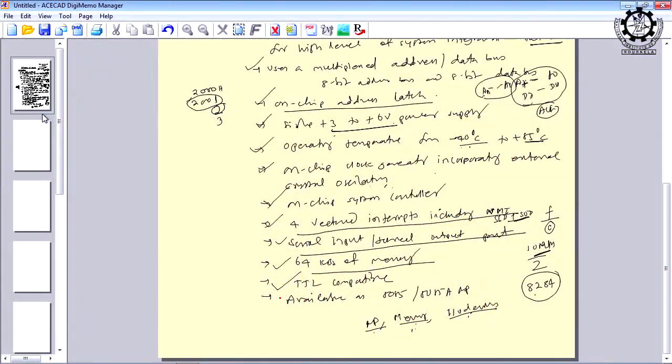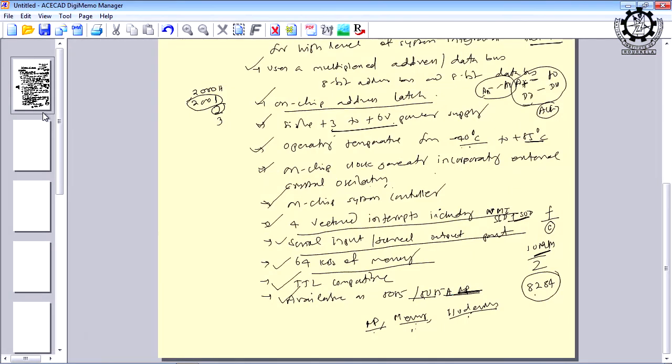Then it is available in 2 versions. One is called 8085, another is called 8085A. So, 8085 and 8085A both are almost the same except one feature. You can verify in the laboratory or in the manual whether it is 8085 or 8085A.